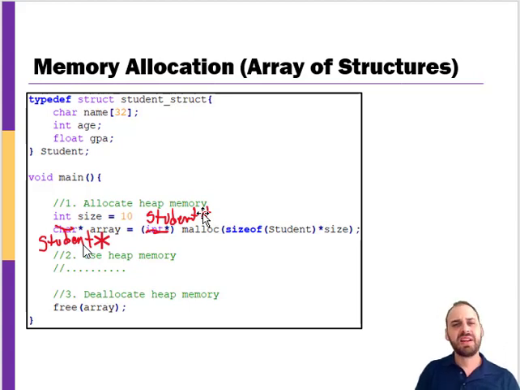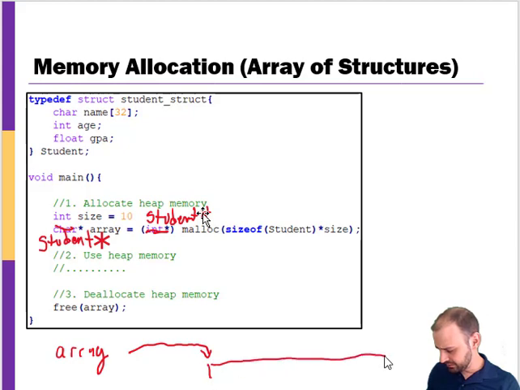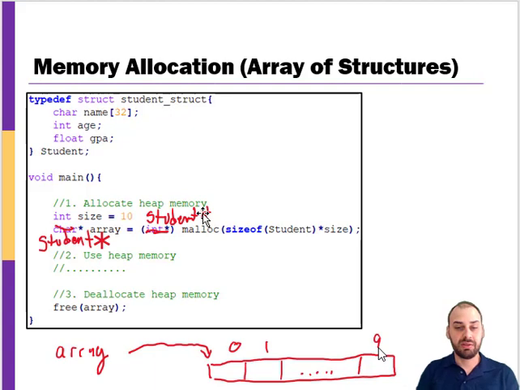All right. We can make an array of student structures, and it's going to work the same way as other things have in the past. So this malloc operation here is going to give us this array, and that array, just like before, is going to point to the beginning of an array, the first address of an array.